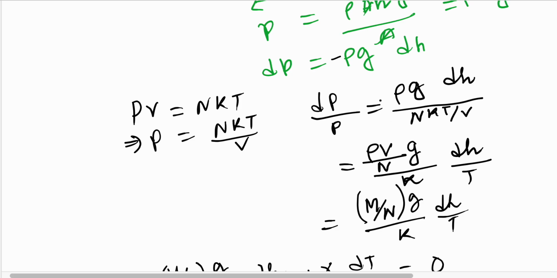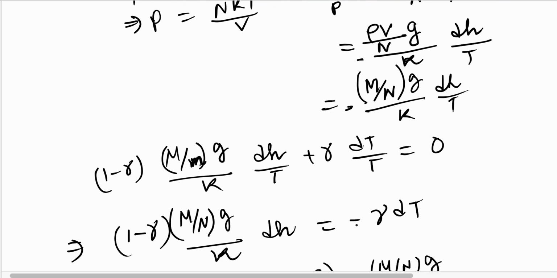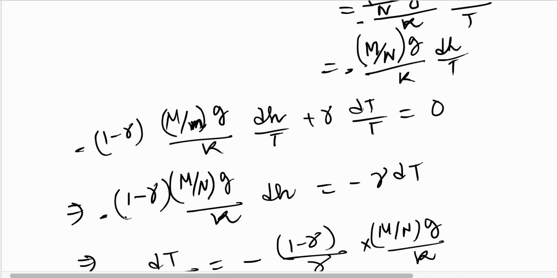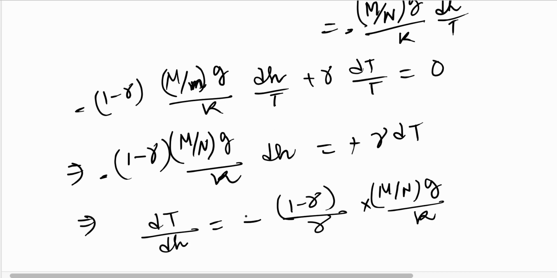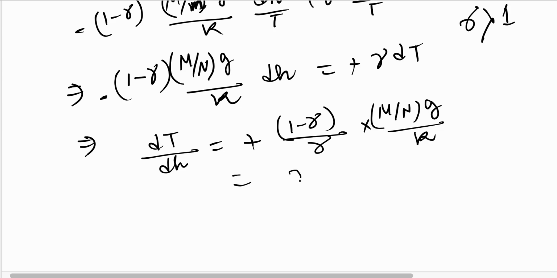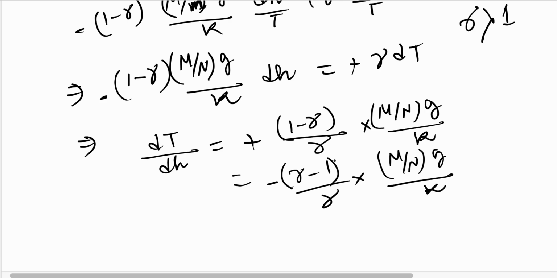That means dP by P has a negative sign, and the other term also has a negative sign, so here it becomes positive. Since gamma is always greater than 1, we get negative gamma minus 1 by gamma into m by n g by k.